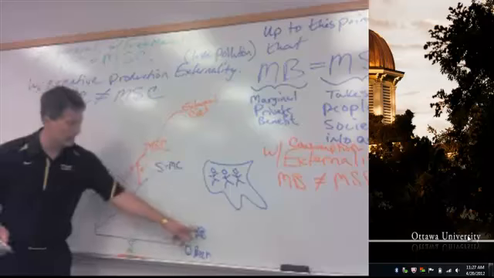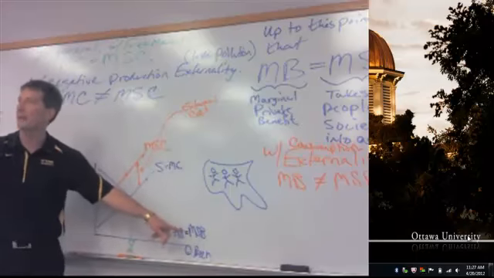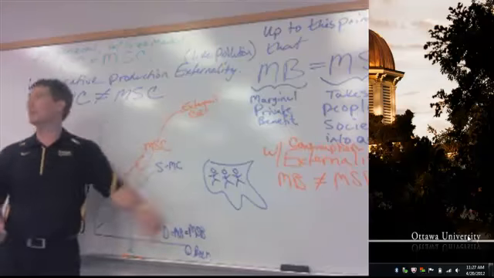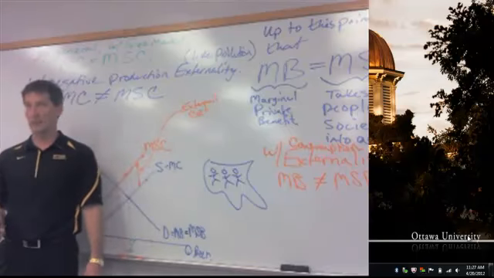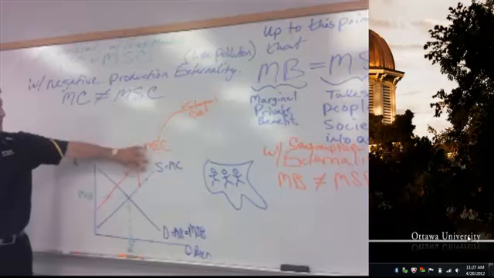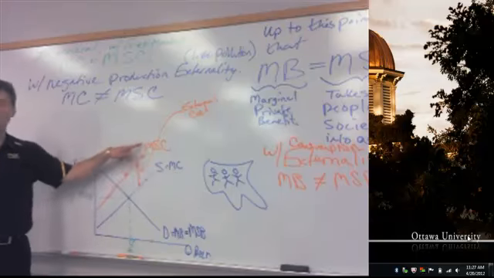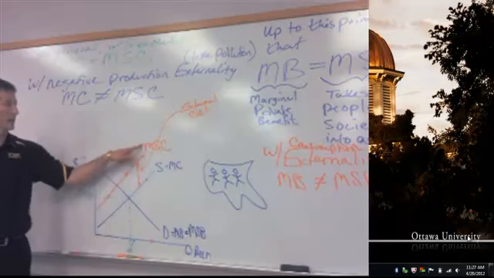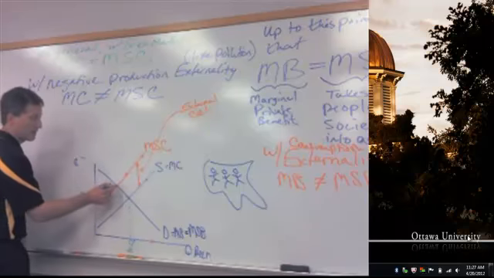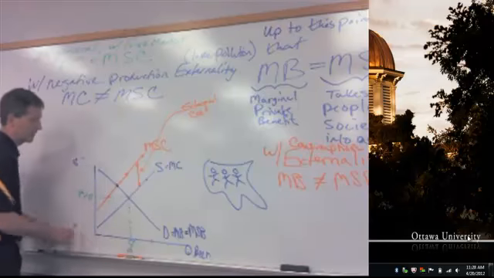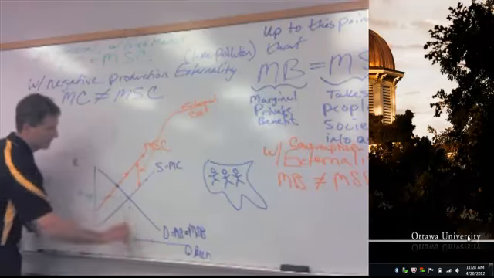Those two things, we didn't typically write that, but now we're getting into another level of detail. The marginal benefit curve is the marginal social benefit curve. The problem here is that the marginal private cost curve is not equal to the marginal social cost curve. But where the social cost curves intersect is the allocatively efficient quantity for society.